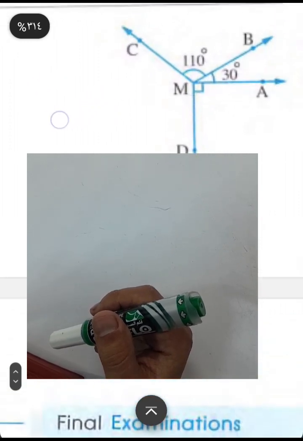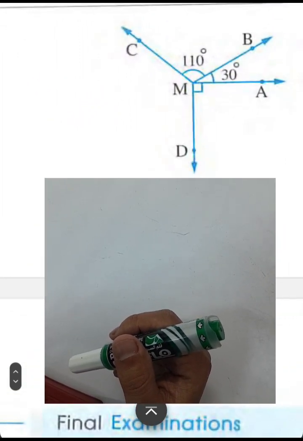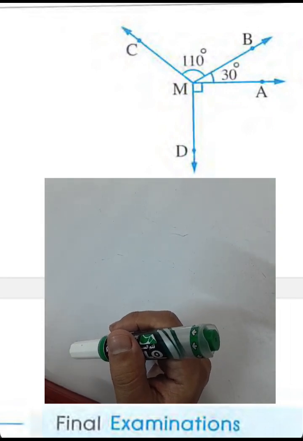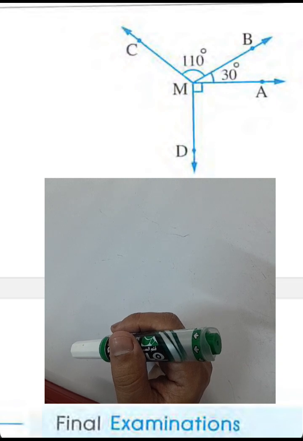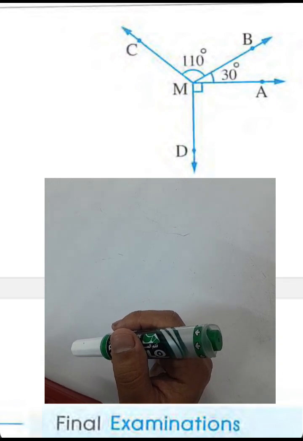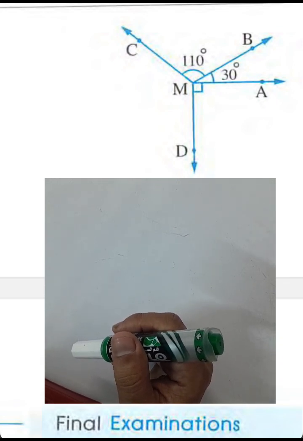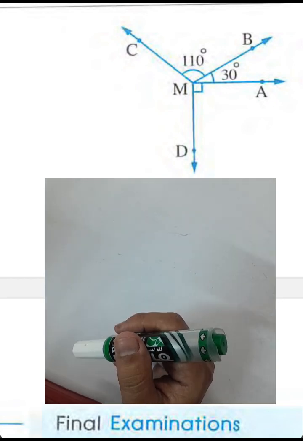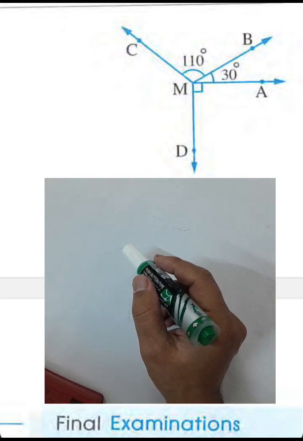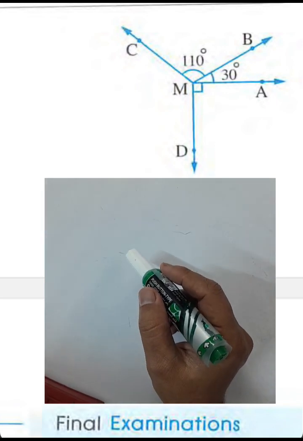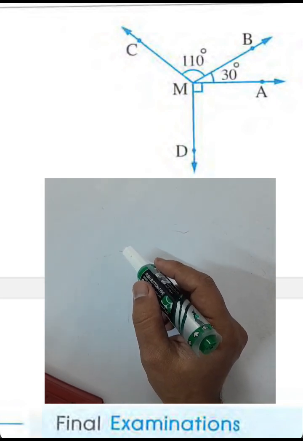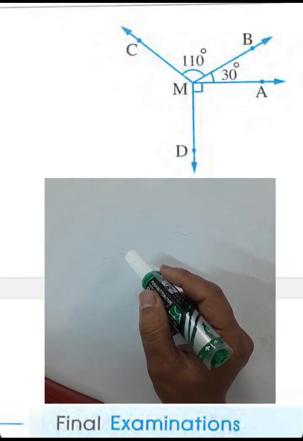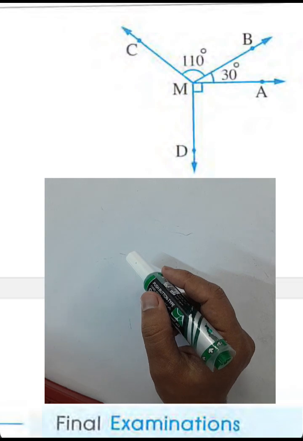We have a lot of angles intersecting at one point M, and we want to find the measure of angle CMD. We can find this angle because the sum of all the angles around one point is 360 degrees. We call them cumulative angles.